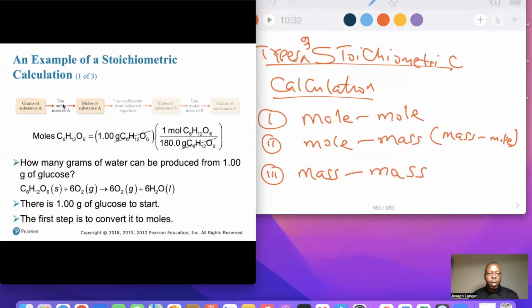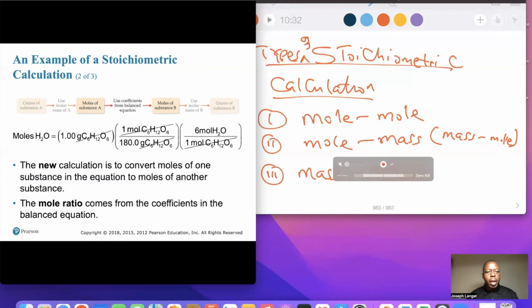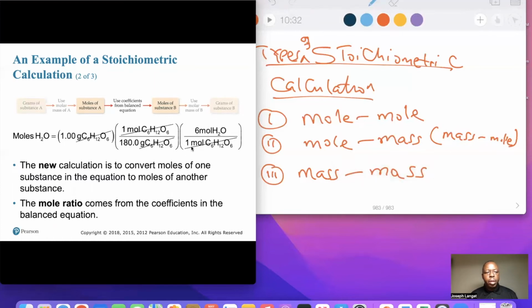That is the molar mass of A, and this will give us the moles of glucose in 1 gram. Now we are adding the mole ratio. This is the conversion factor to change from moles of what?